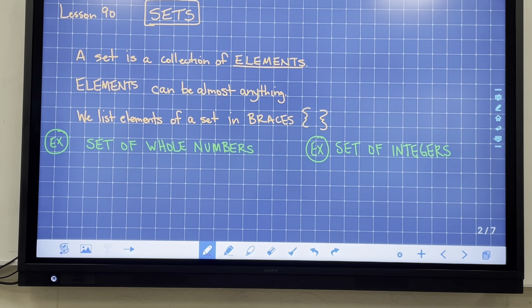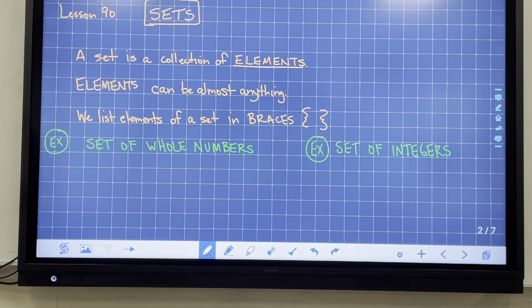All right. So a set is a collection of elements. An element can be almost anything, right? We have sets of numbers. We could have sets of people, sets of shapes, sets of colors. A set can be almost anything that I can make a group of.